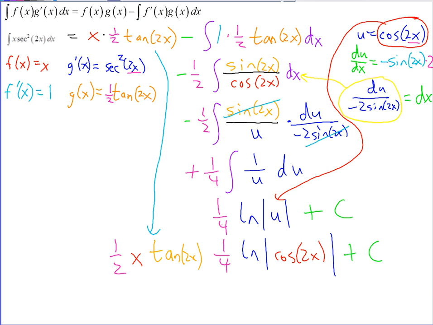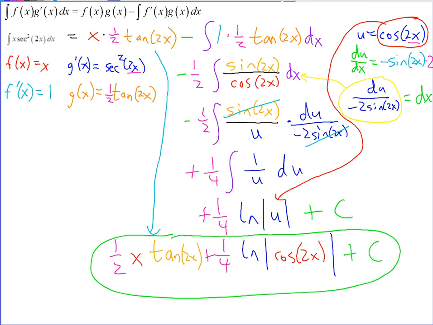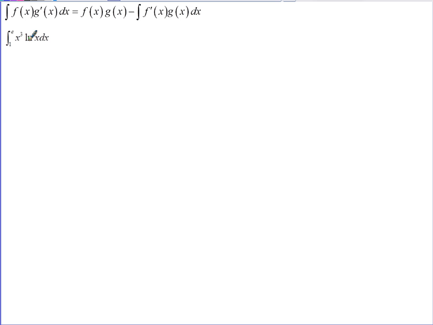Remember, this was a positive one. So there would be your final answer for the indefinite integral. So that was an indefinite integral. Now, let's take a look at one with lower and upper limits, a definite integral.